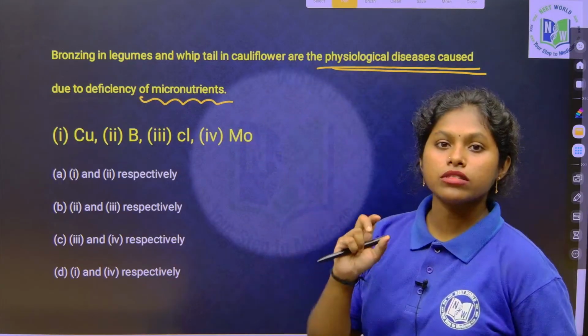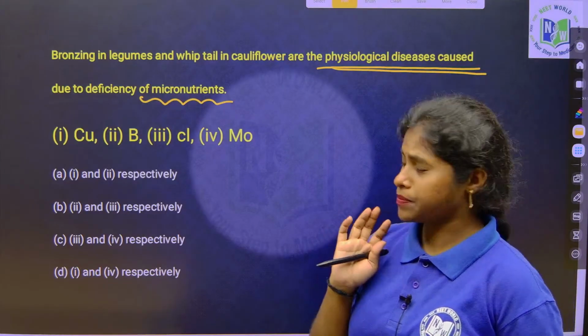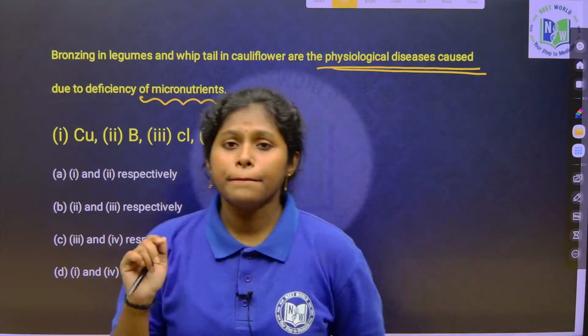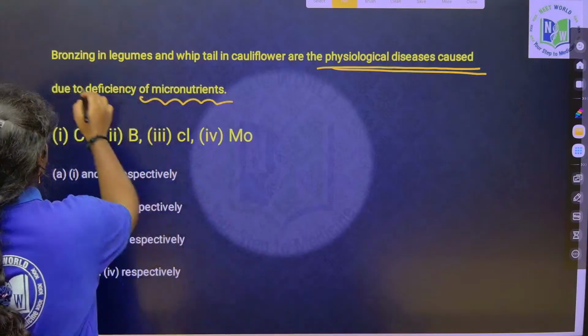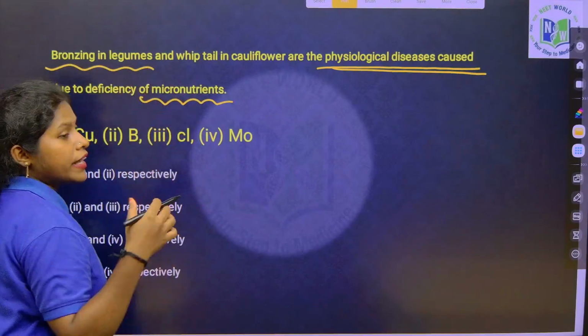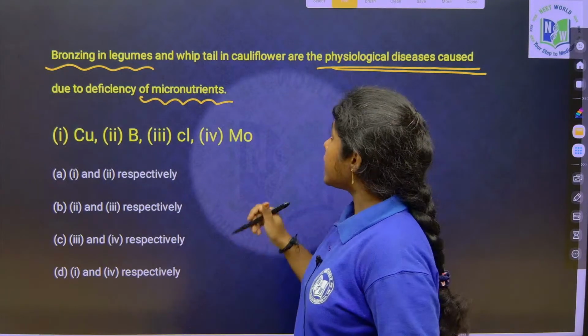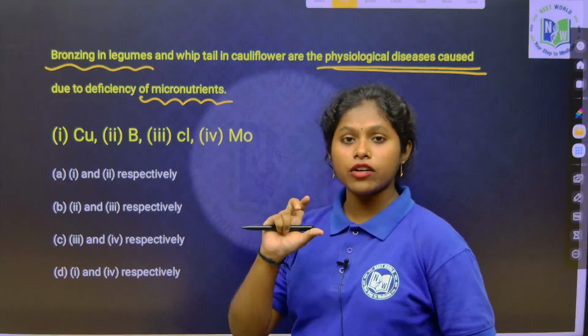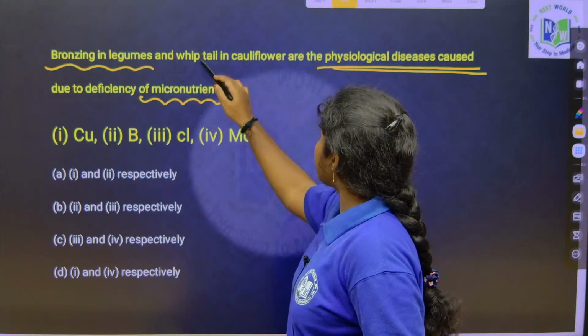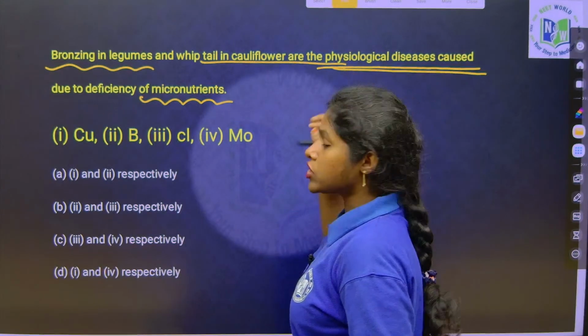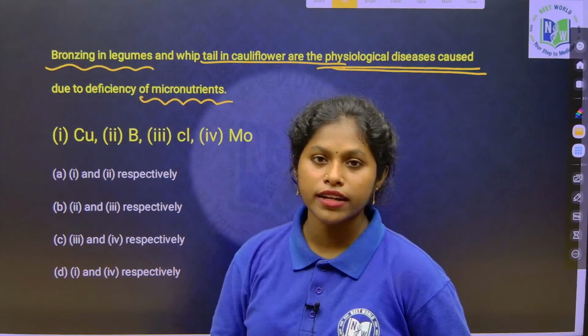They are asking about the micronutrients. Now see, bronzing in legumes means discoloration, a reddish brown color appearing in the legume plants. They are asking which element causes it, and which micronutrient causes whiptail in cauliflower.